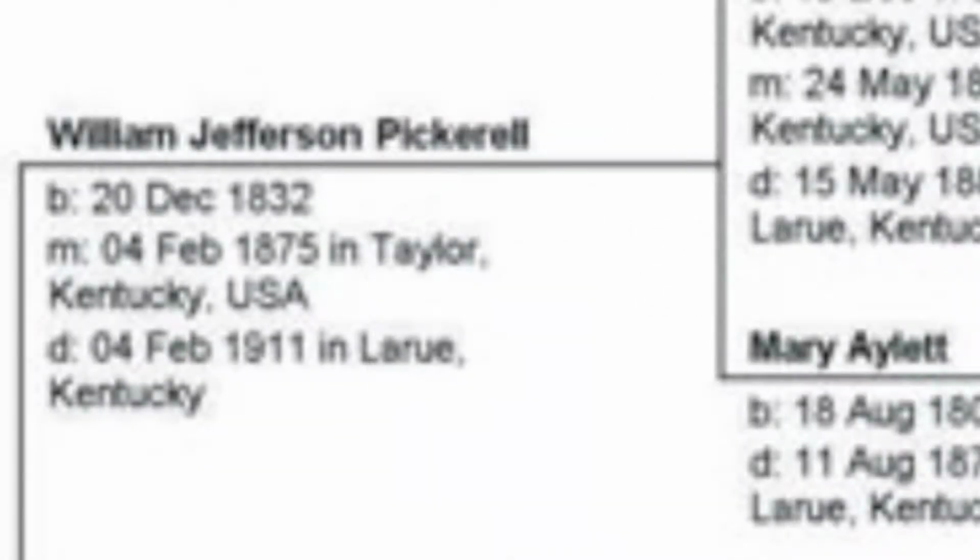They've got birth date, married date in Taylor, Kentucky, death date, and where. I think this is how I want to do it. I'm going to do birth date, where, married date, where, death date, where. That seems pretty cool to me. I want to be as complete as possible.